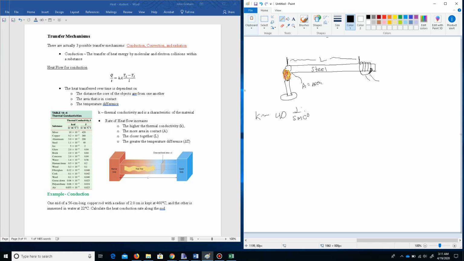And then you have a temperature change. This is going to be T1, T2.